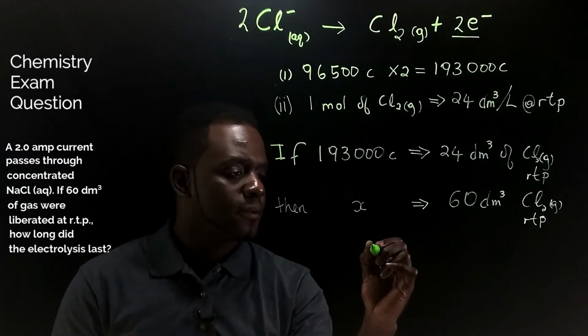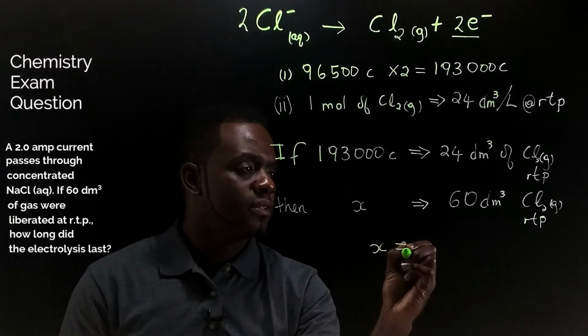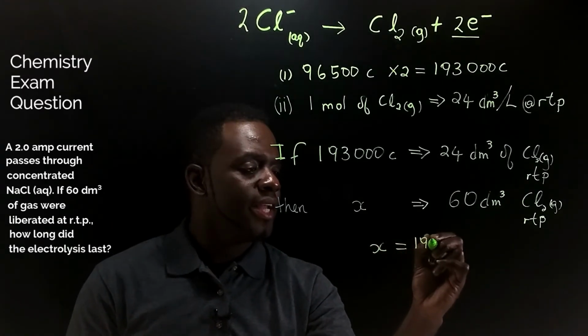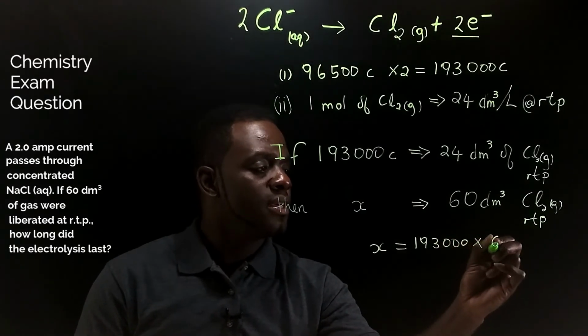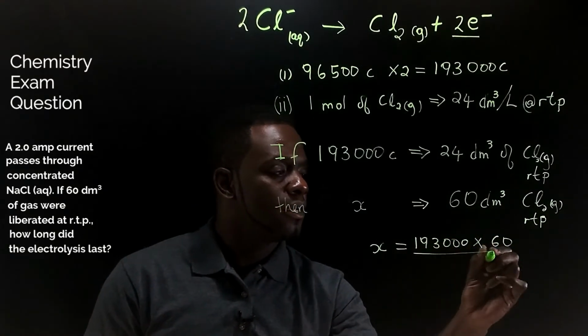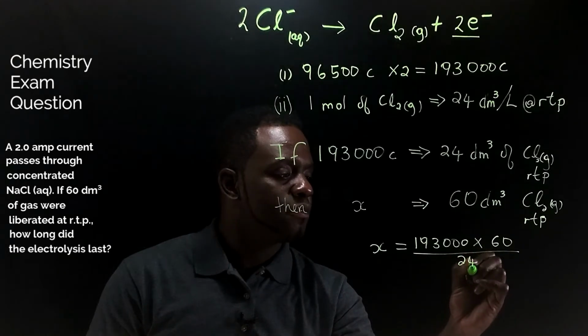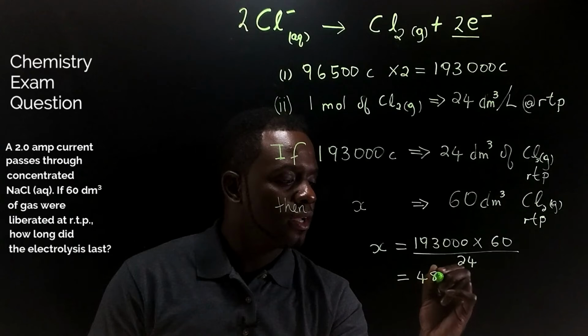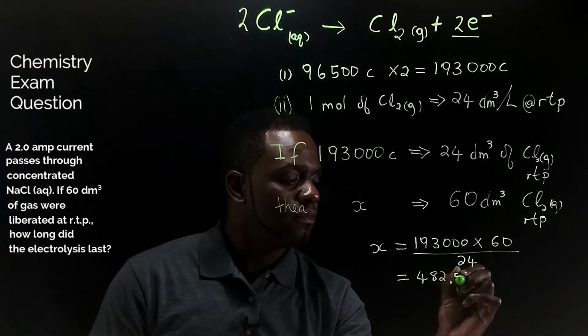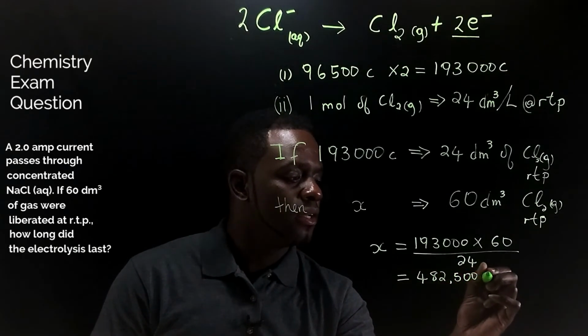Solving for X is equal to 193,000 times 60 divided by 24, which is 482,500 coulombs.